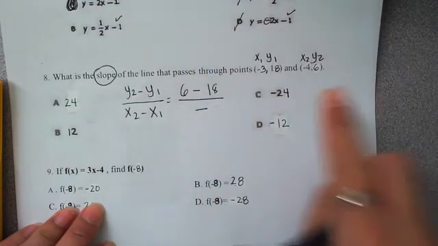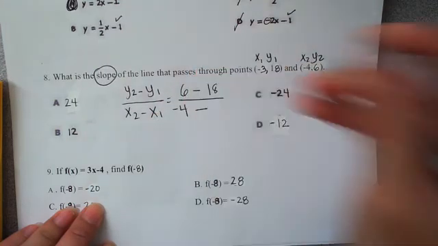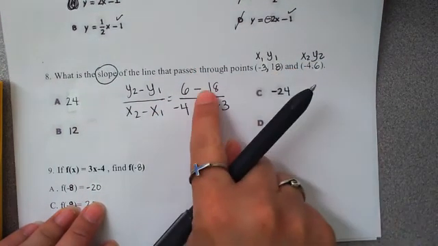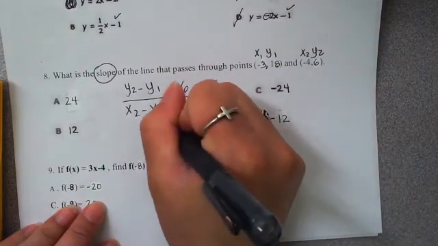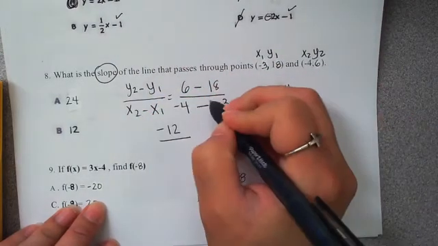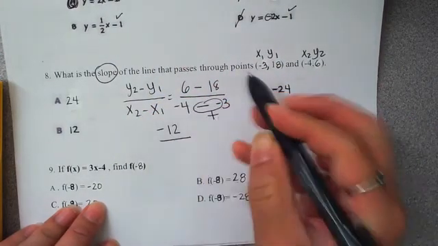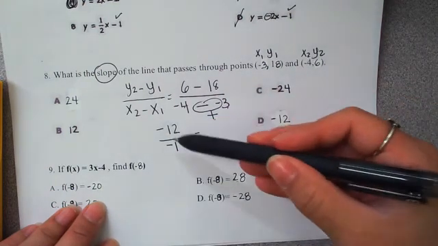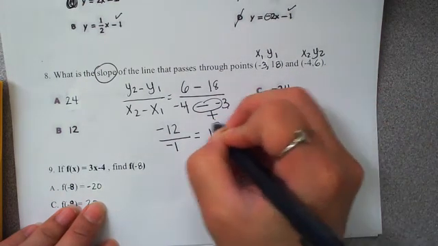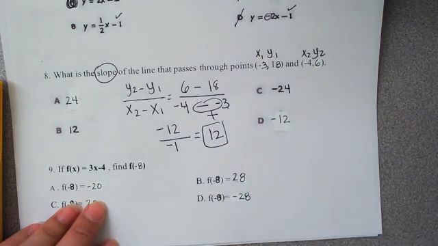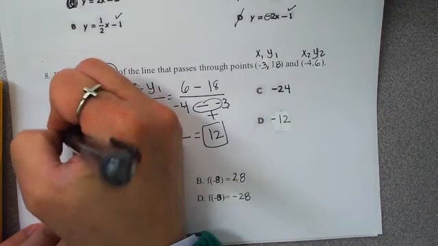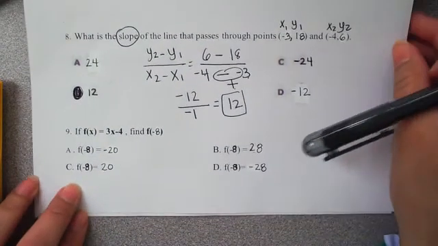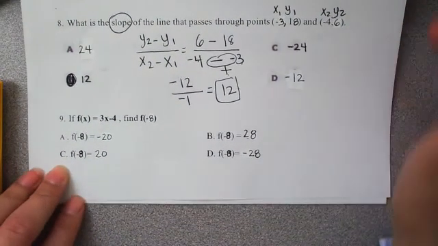Label, this is x1, y1, x2, y2. y2 is a 6, y1 is 18, x2 is negative 4, and x1 is negative 3. 6 minus 18, that's negative 12. Over, remember this is going to be a plus, so negative 4 plus 3 is negative 1. And negative 12 divided by negative 1 is positive 12. So the answer is going to be B.